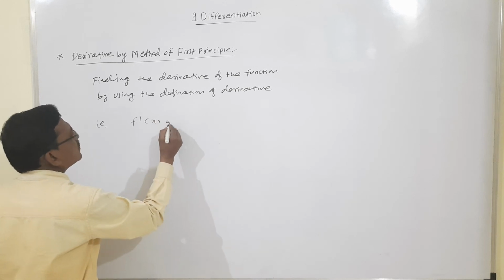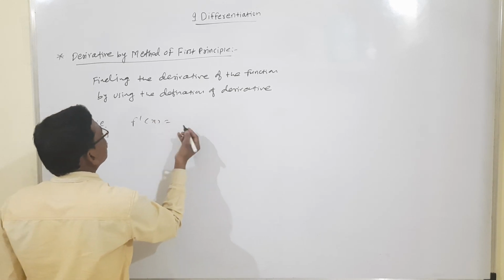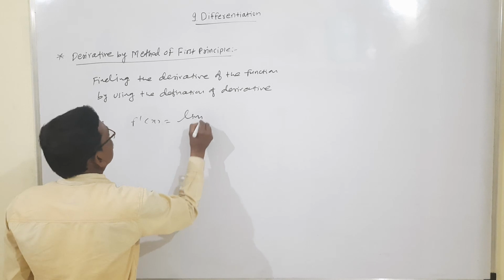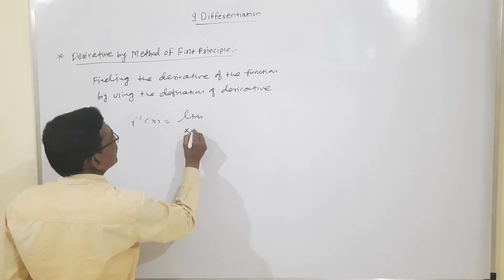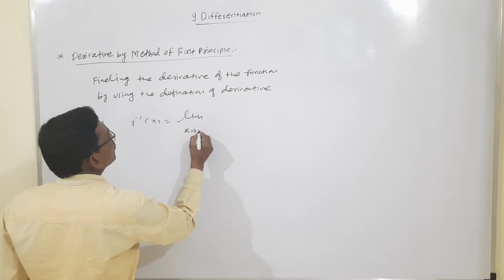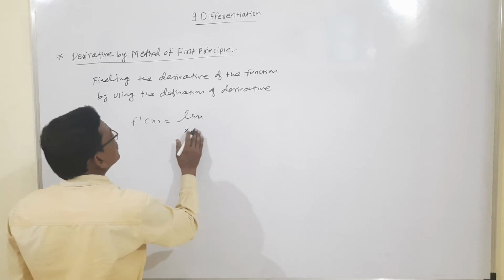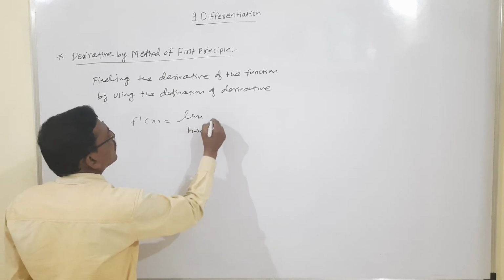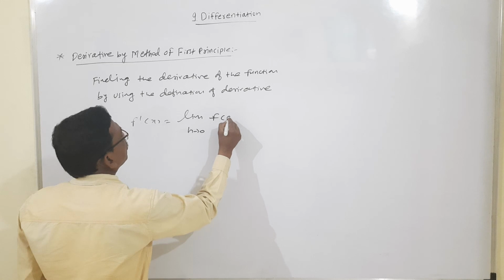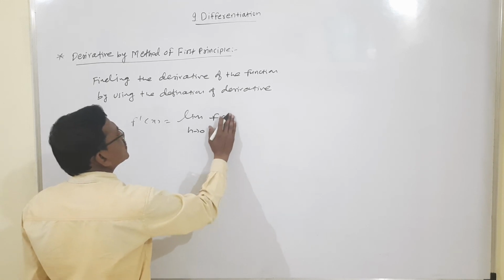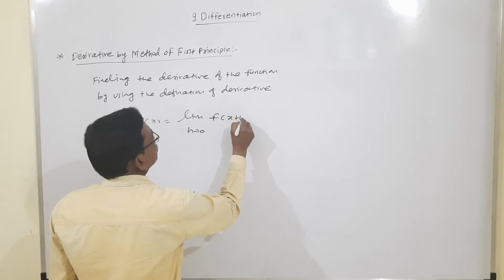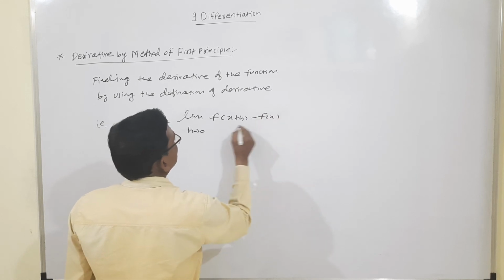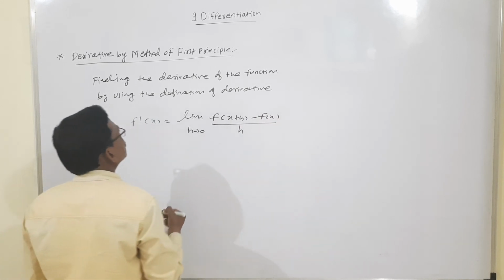It is the definition: f dash x equals the limit as h tends to 0 of f of x plus h minus f of x upon h.